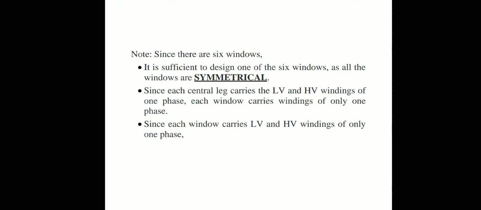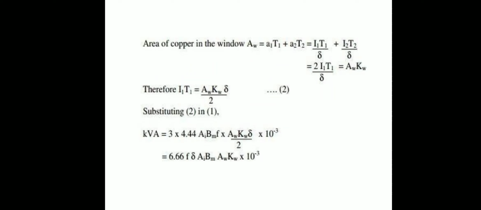So the area of copper in the window, AW, is equal to A1 T1 plus A2 T2, which is equal to I1 T1 by delta plus I2 T2 by delta, which is twice of I1 T1 by delta, which is again equal to AW KW. Therefore I1 T1 is equal to AW KW into delta upon 2. Again call it equation number 2.